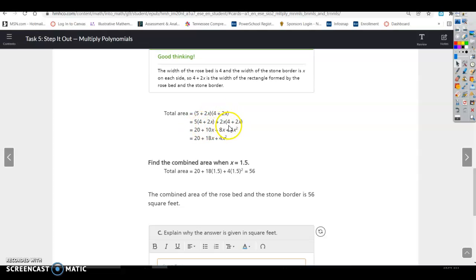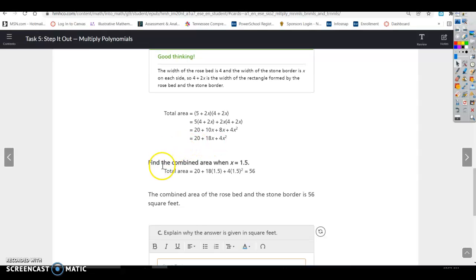So step 2, they're rewriting that using the distributive property. 5 times 4 is 20, 5 times 2x is 10x, 2x times 4 is 8x, and 2x times 2x is 4x squared. Okay, they did not write this in standard form, which I would have written as 4x squared plus 18x plus 20, but all they did was combine the middle terms and bring everything else down. This is the total area. It's just not written in standard form.